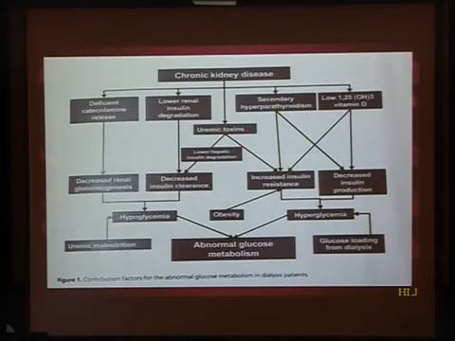Decreased renal insulin degradation with decreased insulin clearance and increased half-life of insulin can lead to hypoglycemia. Uremic malnutrition also can lead to hypoglycemia. So these factors can lead to hypoglycemia, and other factors can lead to hyperglycemia. So as Dr. Ala said, there is this dysglycemia with diabetes, because those patients are liable to hypo or hyperglycemia.